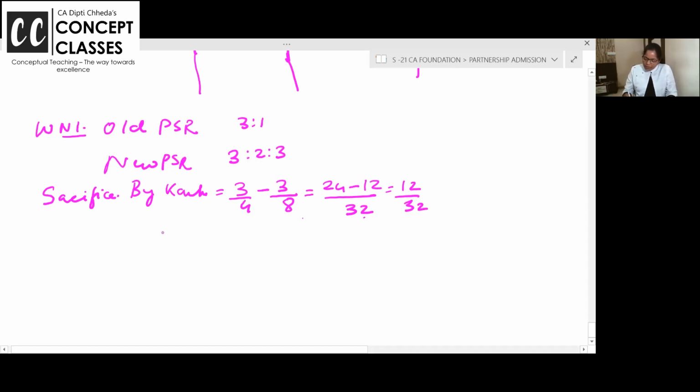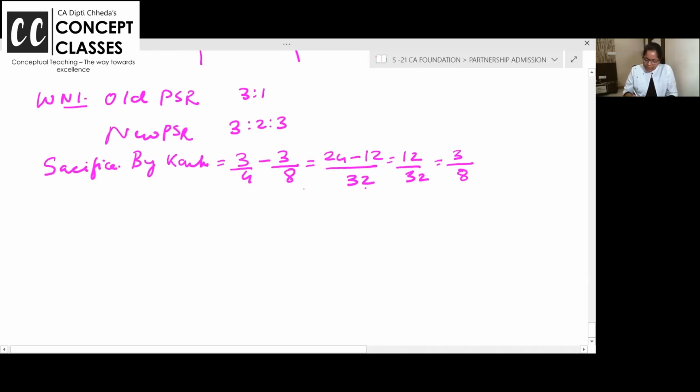Kanha is over. You can divide by 4: 4 threes are 12 and 4 eights are 32, so the sacrifice is 3/8.